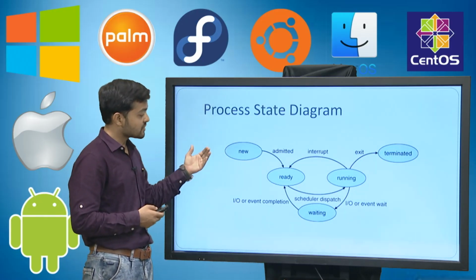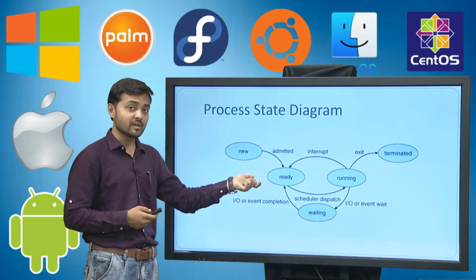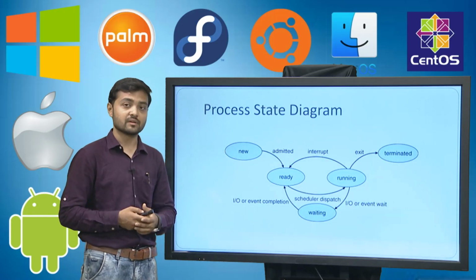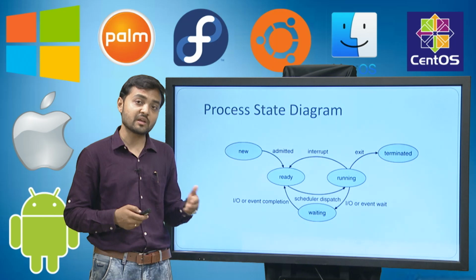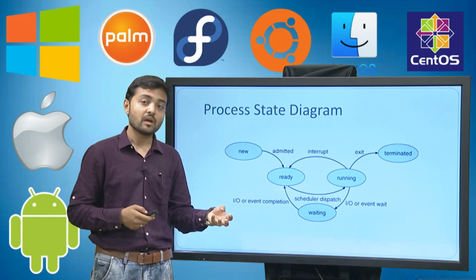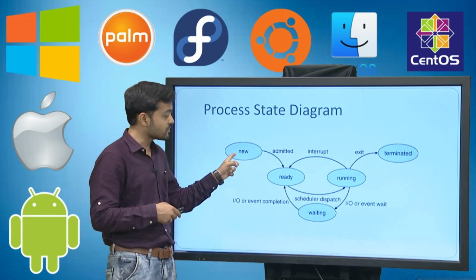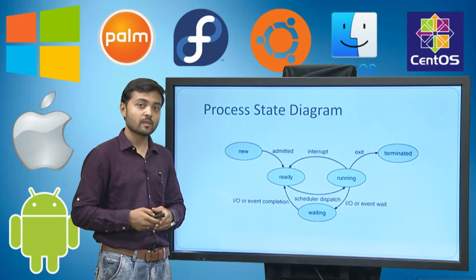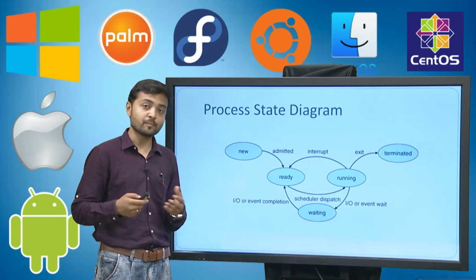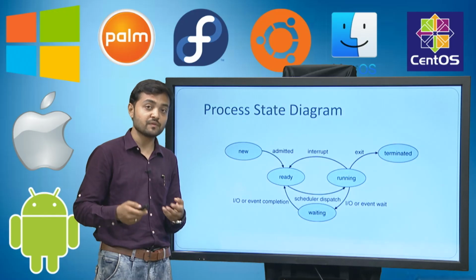When the process gets stored in the main memory, it will become the ready state. So whenever you start an application, it will be in the new state for a temporary time duration. When that application gets memory, it will transit from the new state to the ready state. So your main memory contains all processes which are ready for execution and need the processor.